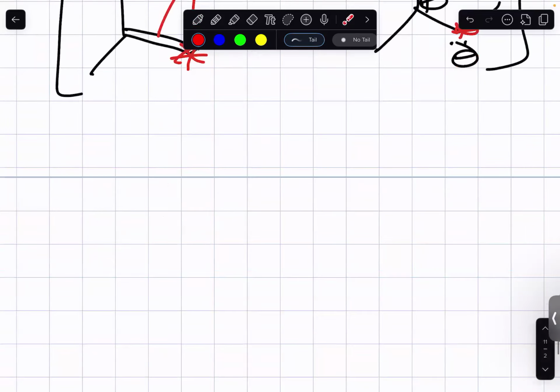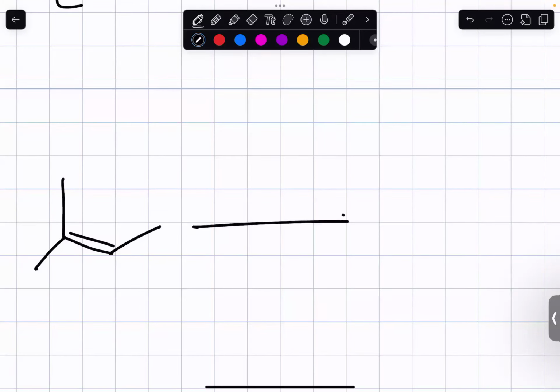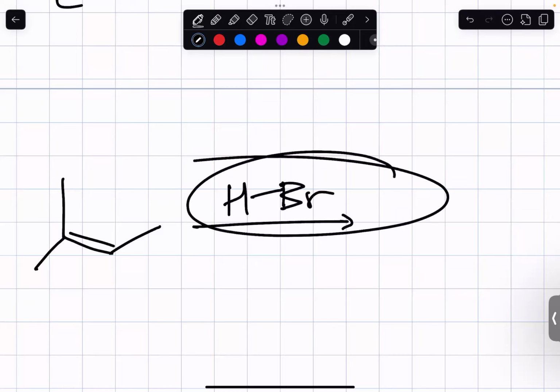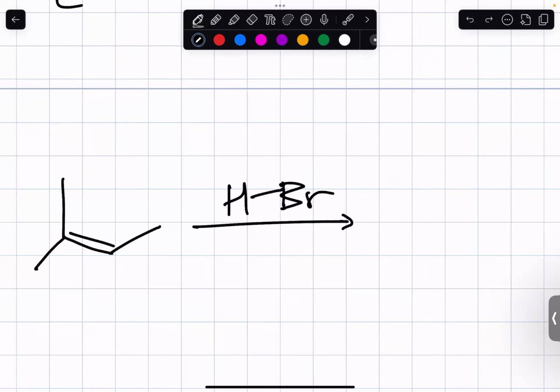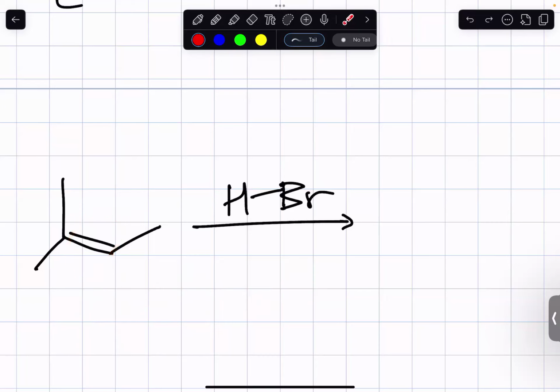Okay, that's important to know because if I use the same alkene and react this with HBr, one of the HX, that's a strong acid. And we said that this alkene is a nucleophile and a base. But like we said, this carbon here is going to be the more likely nucleophile or base because that's going to lead to the more stable carbocation intermediate.